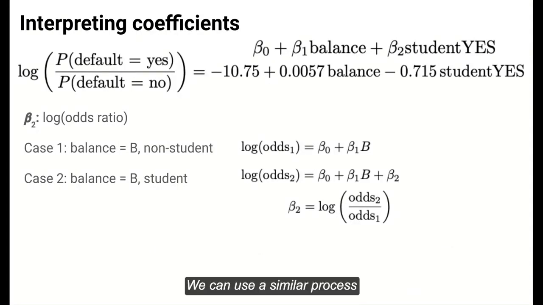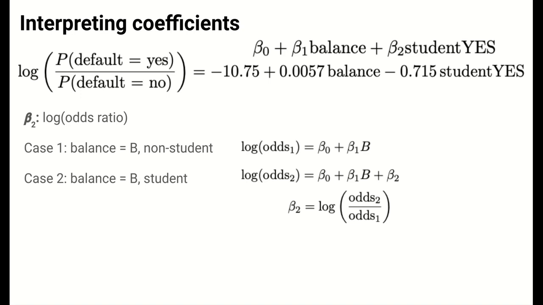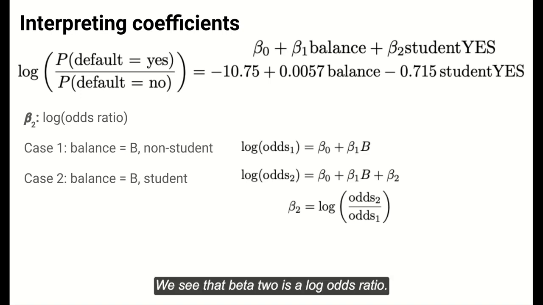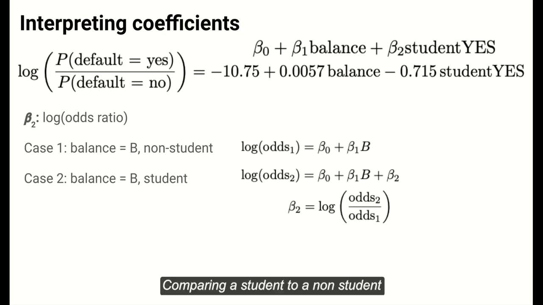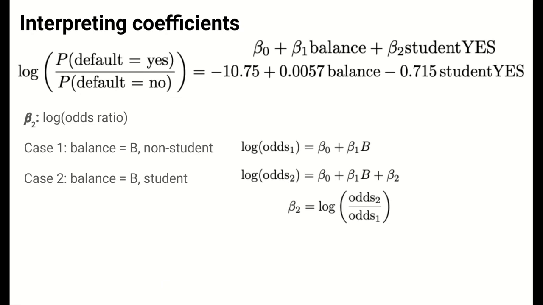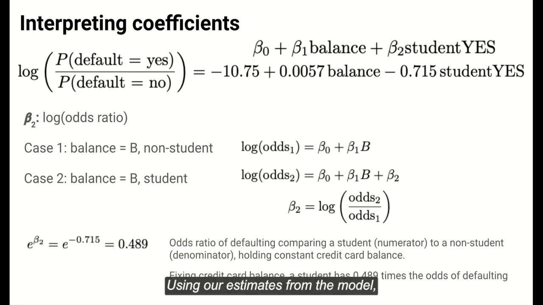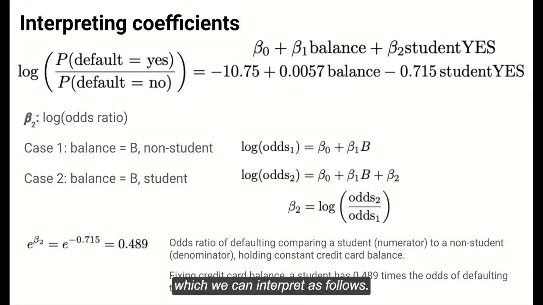We can use a similar process to determine the interpretation of the beta 2 coefficient. We see that beta 2 is a log odds ratio comparing a student to a non-student, but who have identical credit card balance. Using our estimates from the model, we see that the odds ratio is 0.489, which we can interpret as follows.